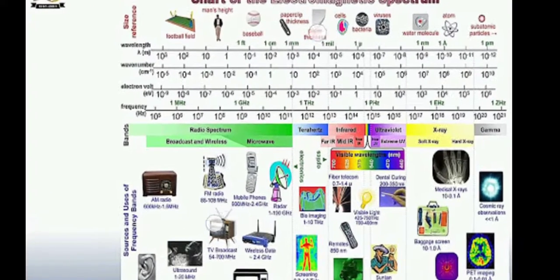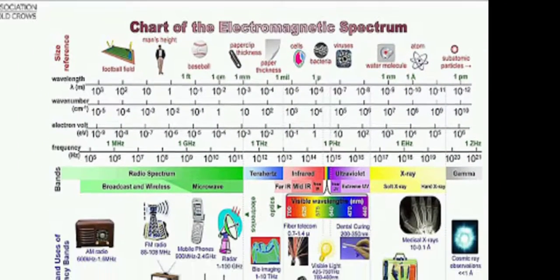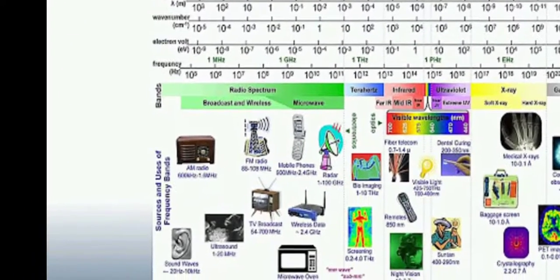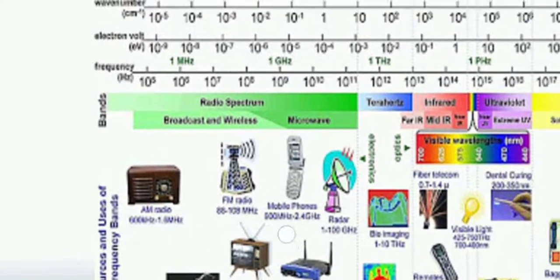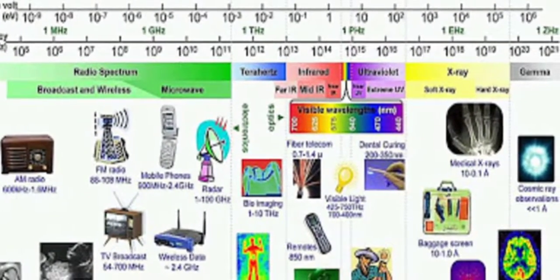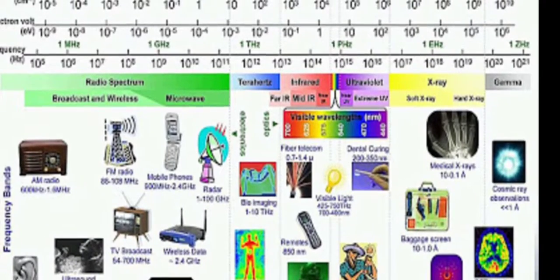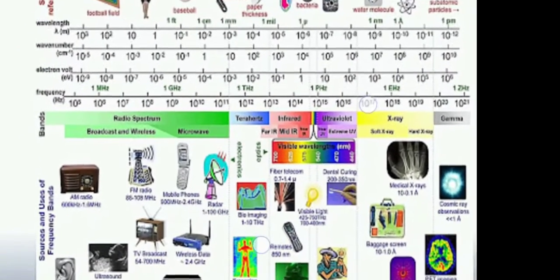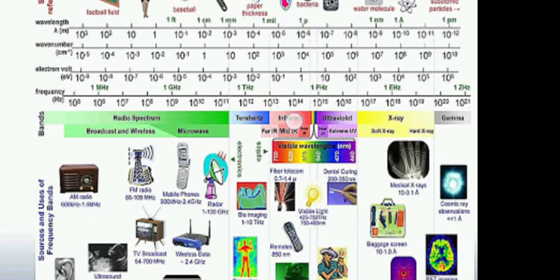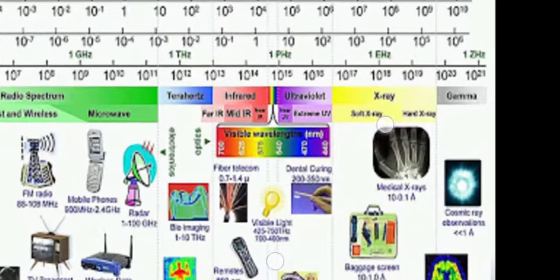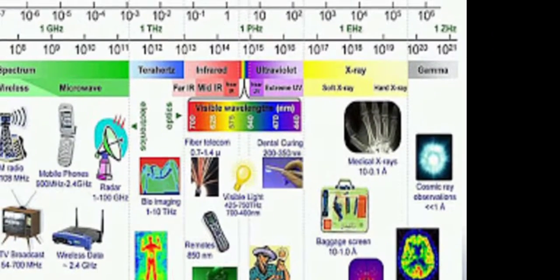So here it is the chart of the electromagnetic spectrum, which is showing some of the applications, and they are using a particular band of the frequency. So here you can see the various applications.